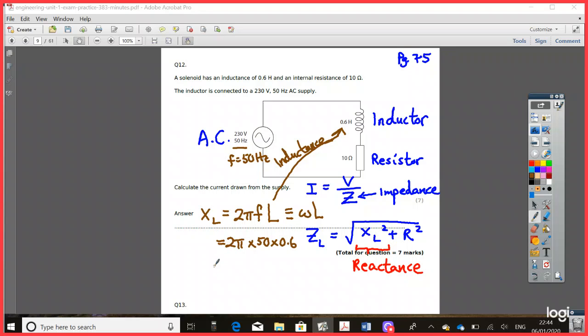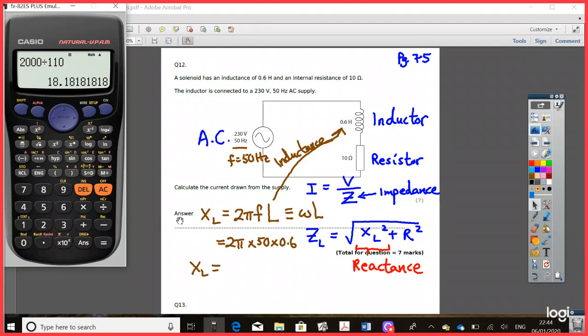Put that in the calculator. Try not to round your answer, because you need this value for further calculations. So 2 pi times 50 times 0.6. I'm going to write that as 60 pi for now.